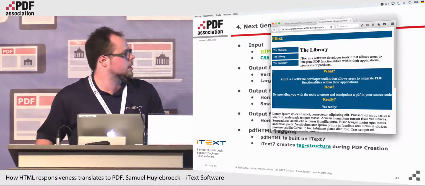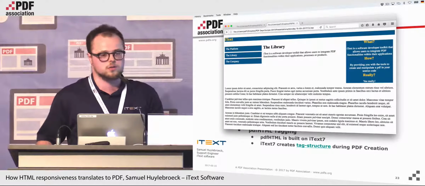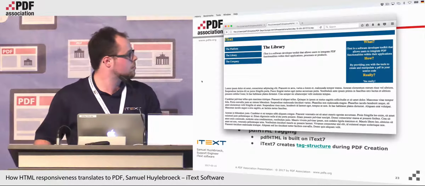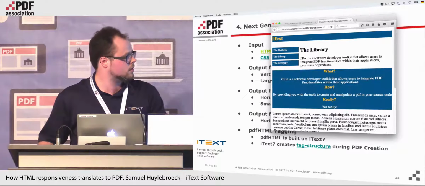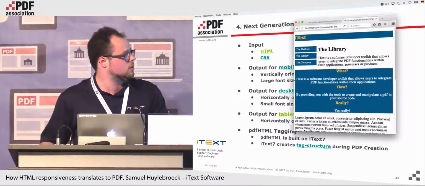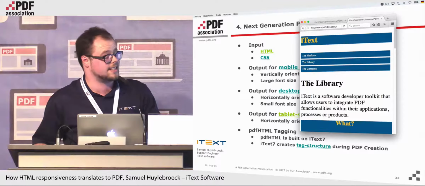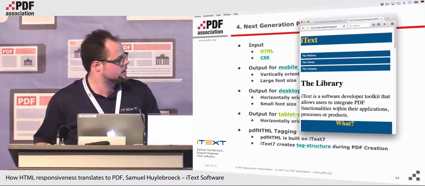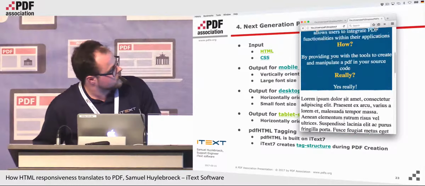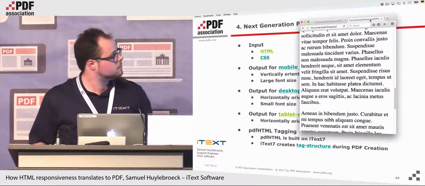So for example, if I make it bigger again, you'll probably see that this floats to the right, but in addition to that, the font will grow larger, and if I make it even smaller, this is a bit exaggerated for effect, with a very large font size. So this is our HTML.